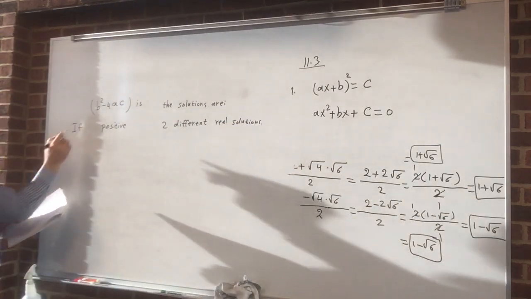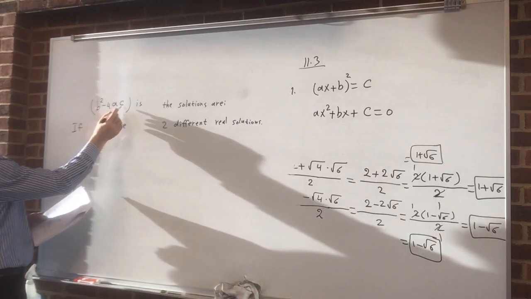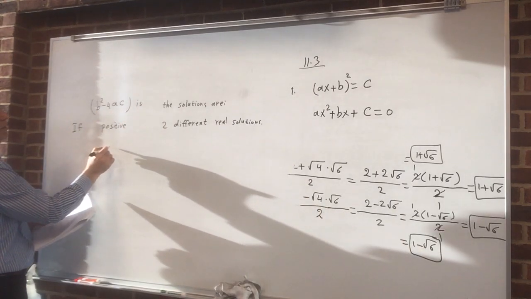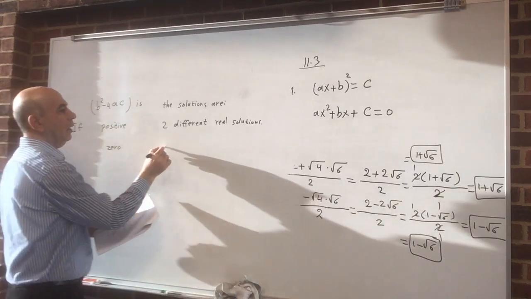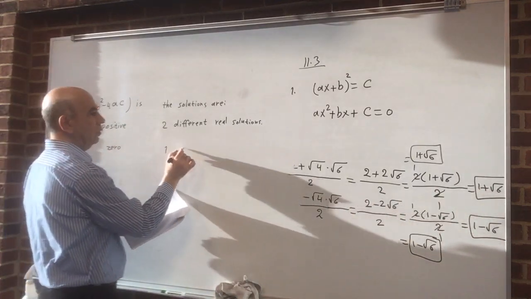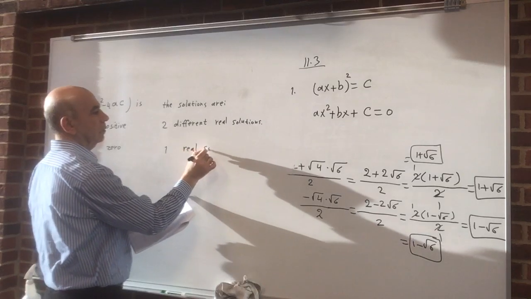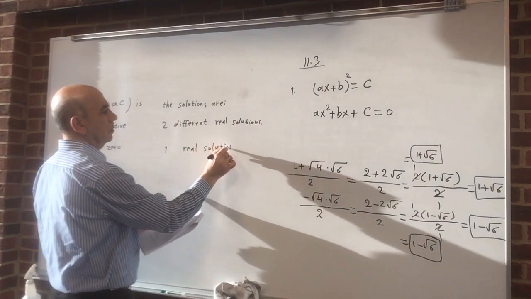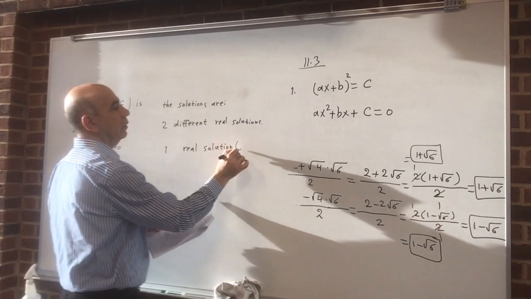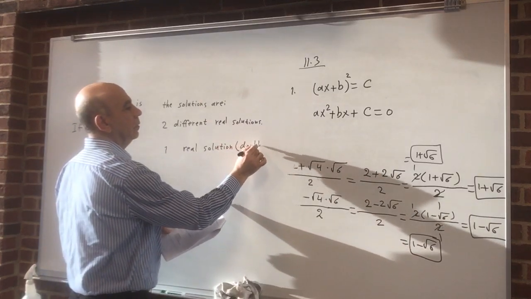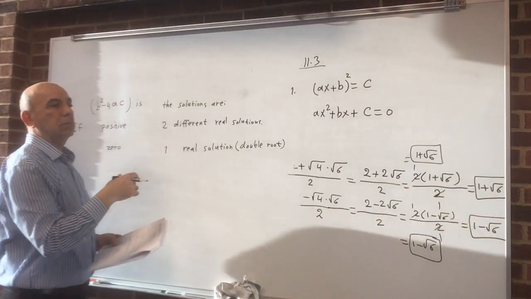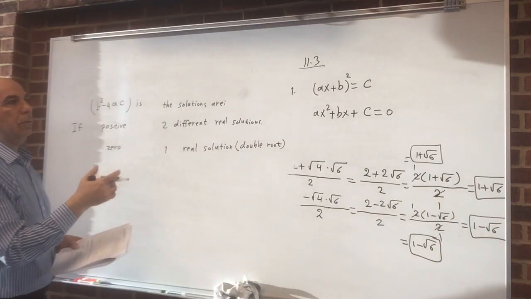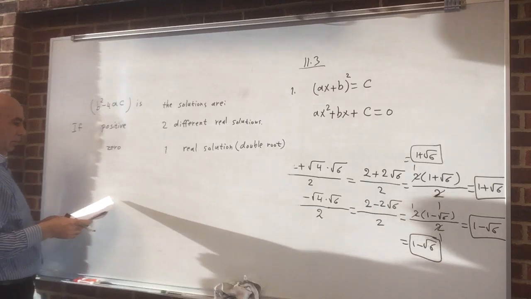If b squared minus 4ac is 0, we get one real solution. Double root, like 0, 0 or 2, 2, 3, 3, double root.